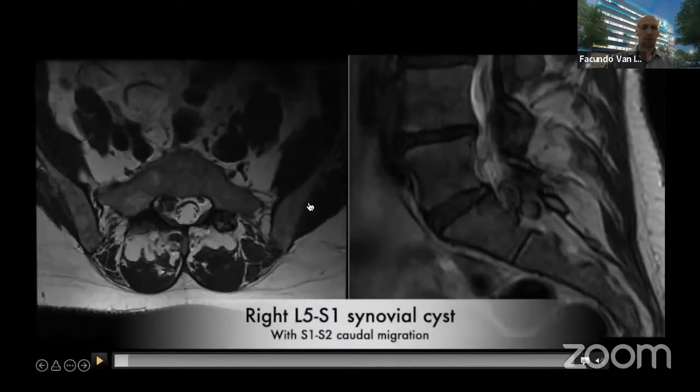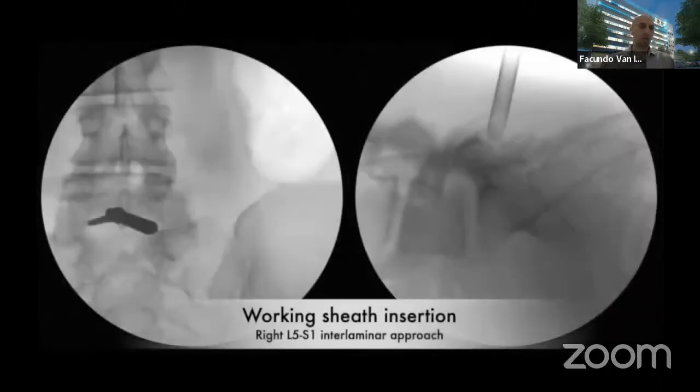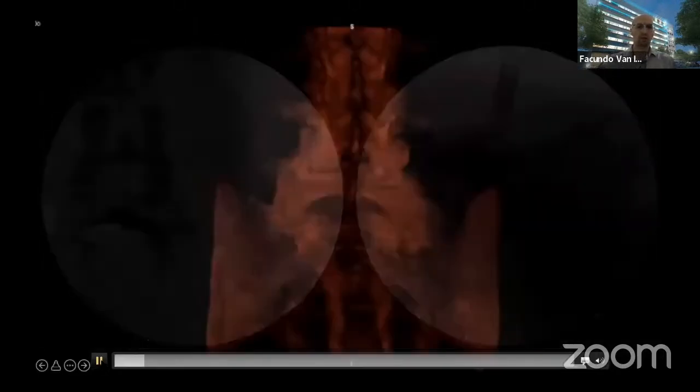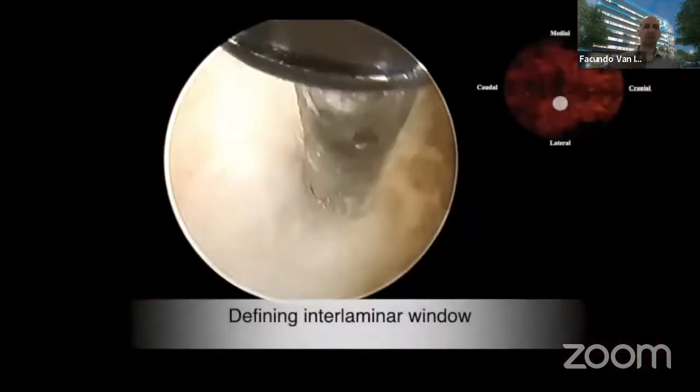You can see here how it compresses the S1 nerve root. On the right side, we have our standard interlaminar approach, with all the same technique that we use for a disc herniation, with only one difference.